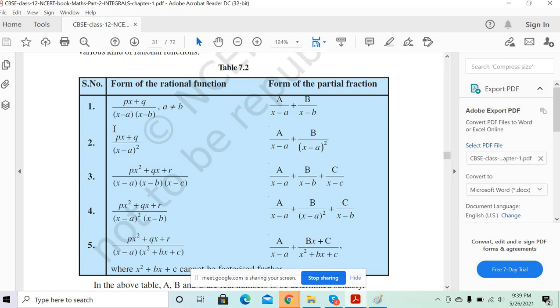So till now we have been doing only splitting the numerator as a fraction, isn't it? But now how good if we can split the denominator itself. See, if the denominator is in the form of one term multiplied by another term, if we can put it in the form of a by x minus a plus b by x minus b, when you take the LCM, you should get the same thing.